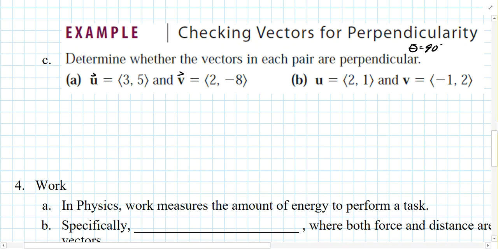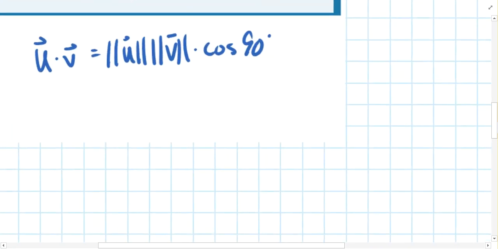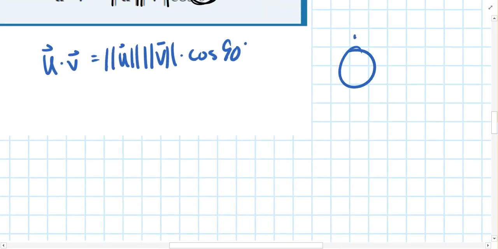So actually, before we do any math on this, let's think about this for just a second. If theta was 90, then the dot product u times v would be some magnitude of u times some magnitude of v times cosine of 90 degrees. Now, if you recall this from your unit circle, cosine is the x value at 90 degrees.